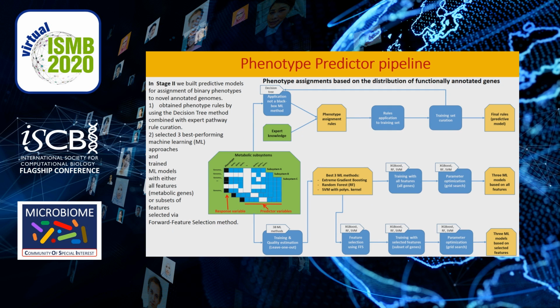In the second stage, we built predictive models for assignment of binary phenotypes to novel annotated genomes. We obtained phenotype rules by using the decision tree method combined with expert pathway rule curation, and we also selected 3 best performing machine learning approaches and trained machine learning models with either all features, metabolic genes, or subsets of features selected using the forward feature selection method.